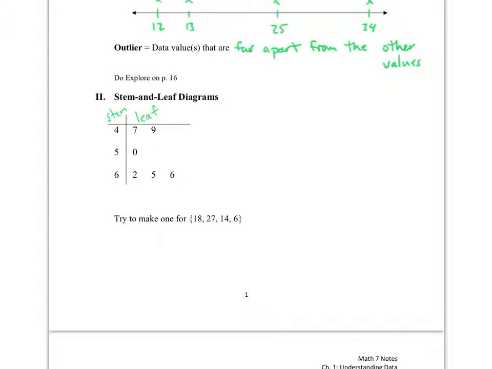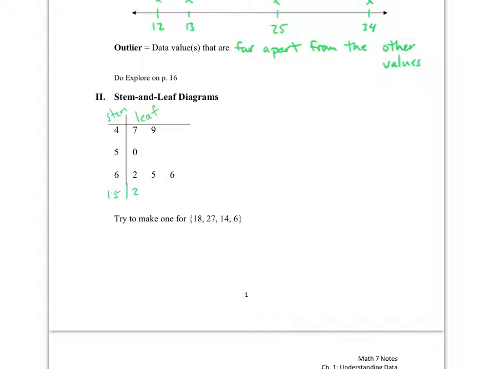Isn't it like tens and ones? It is. So the stem is always going to be your tens and greater. Because if you had the number 152, it would look like a 15 here and a 2 in the leaf. So your leaf is always the ones place of your number.